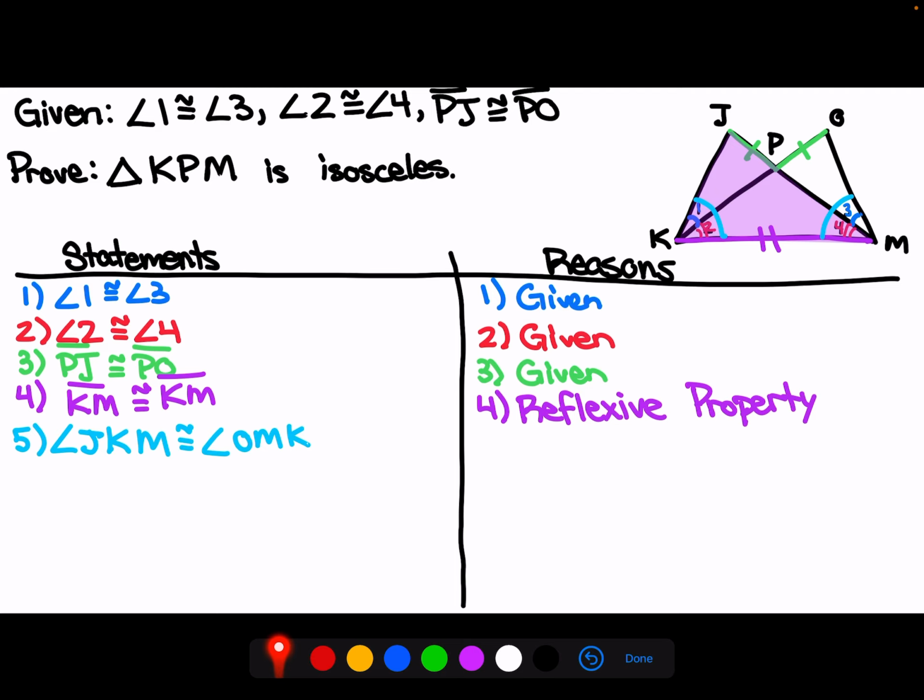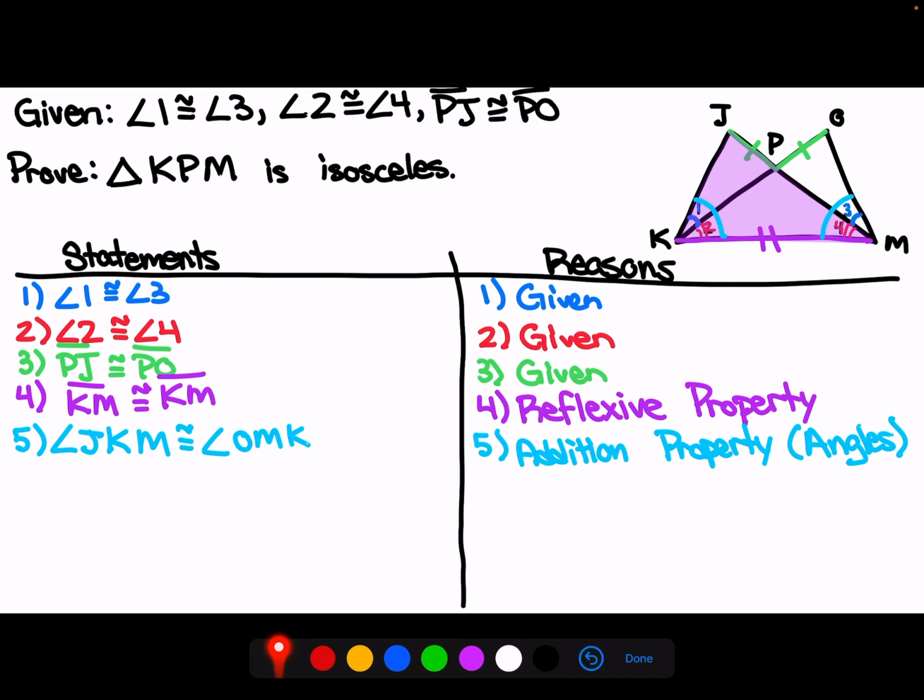And the reason I can say that is because I have two angles that are congruent, and I'm adding them to two other congruent angles. When I add those together, the results should also be congruent. So that'd be the addition property. I'm adding congruent angles together, and the sum of congruent angles are congruent.